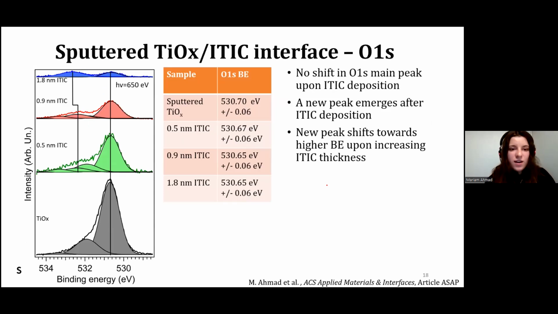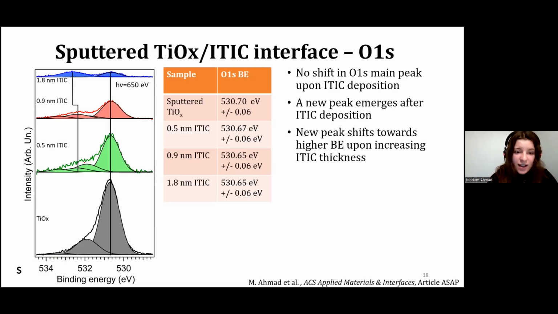Here we have the oxygen 1s core levels, also for titanium oxide before and after ITIC deposition. And before deposition of ITIC, we see three features: one main large feature, which can be attributed to oxygen bound to titanium 4+, or what is also called lattice oxygen, and then a shoulder at slightly higher binding energy corresponding to adsorbed OH defects, and an even smaller defect peak, which is from adsorbed water.